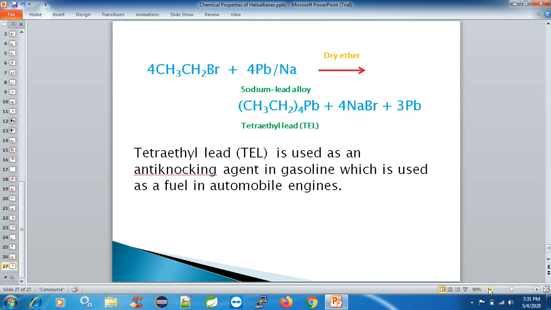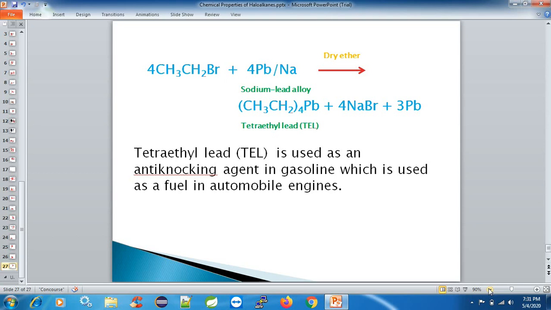This tetraethyl lead is also an organometallic compound and it is used as an anti-knocking agent in gasoline, which is used as a fuel in automobile engines.